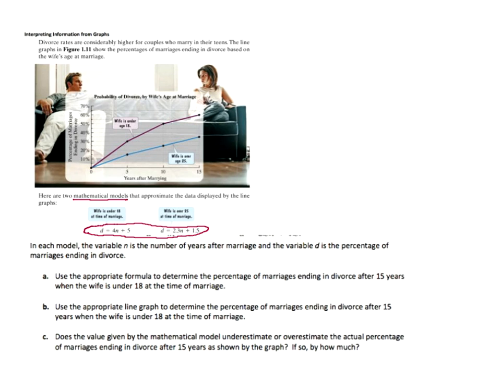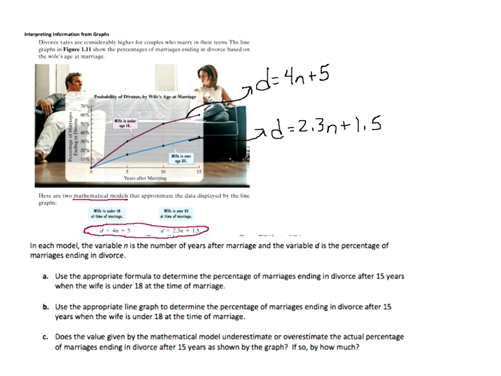So the mathematical model for girls marrying under the age of 18 is D, or divorce percentages, equals 4N plus 5. And for 25 and over, it's D equals 2.3N plus 1.5.